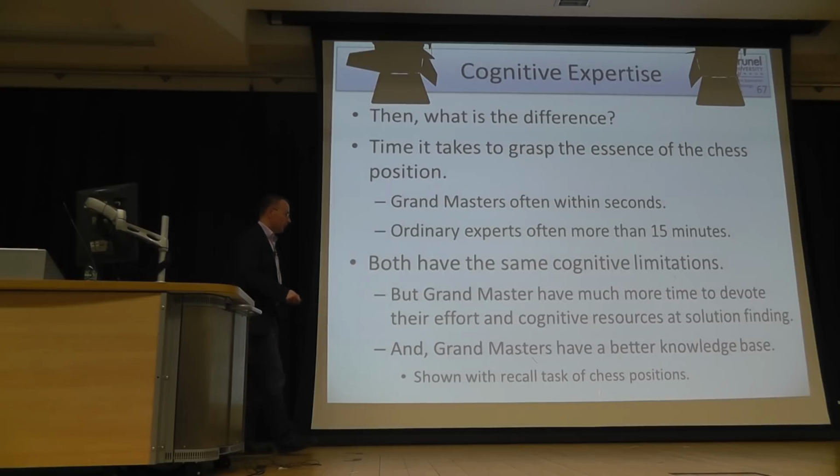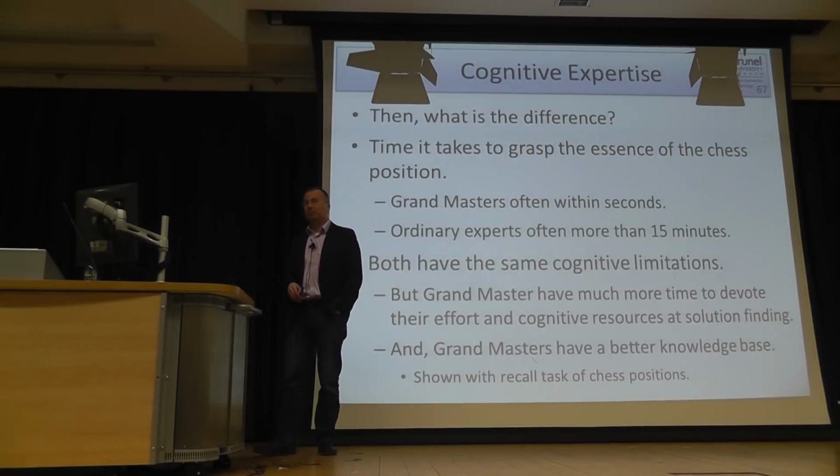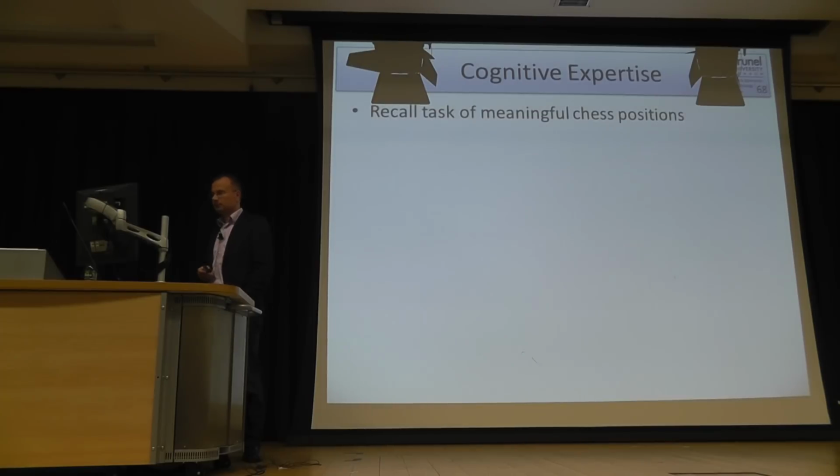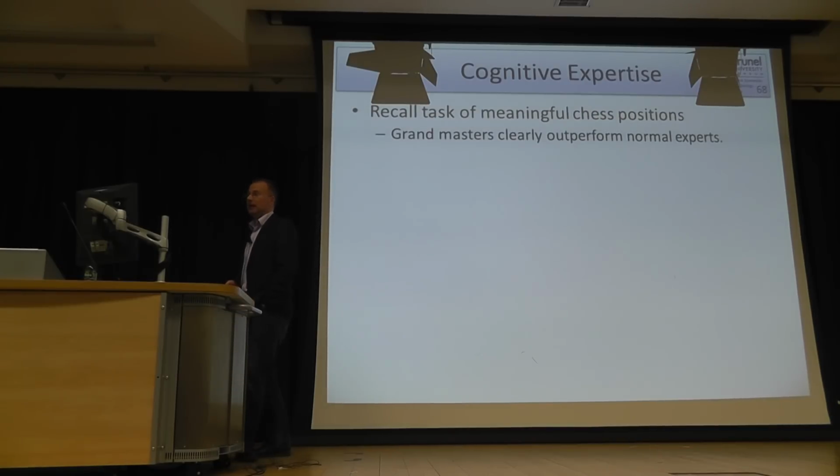And this has been shown by studies where people had to recall chess positions. Now, let's look at a recall task of meaningful chess positions. That means of positions which really arise during a game, which makes sense. And here, you see that grandmasters clearly outperform normal experts.